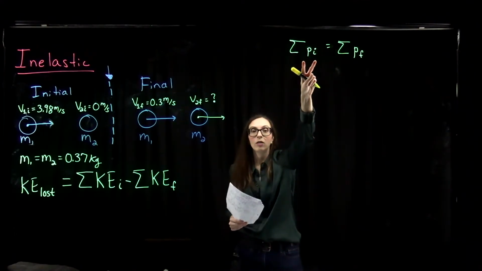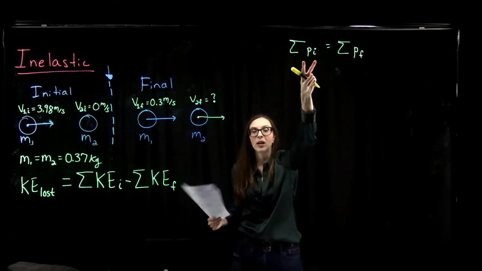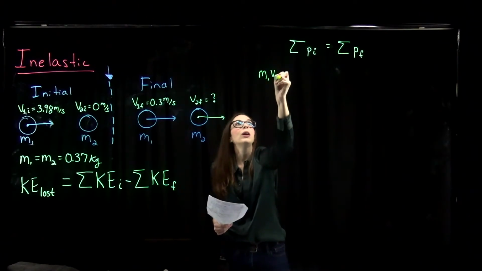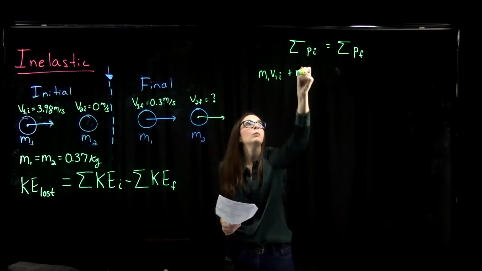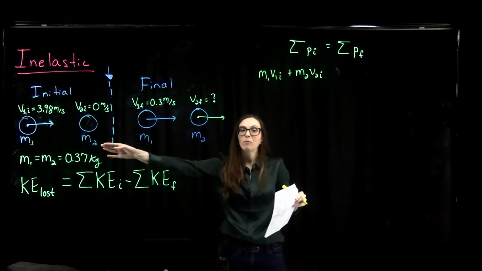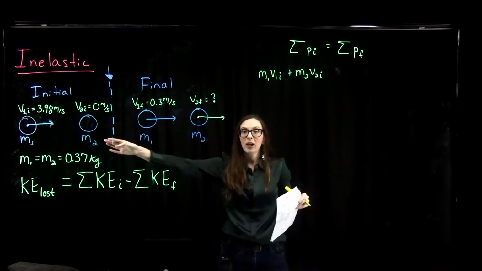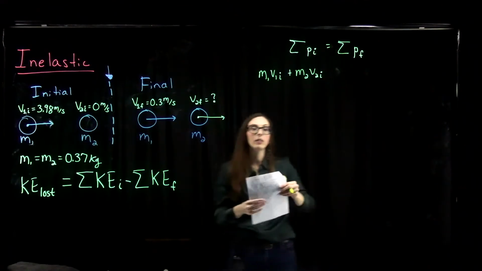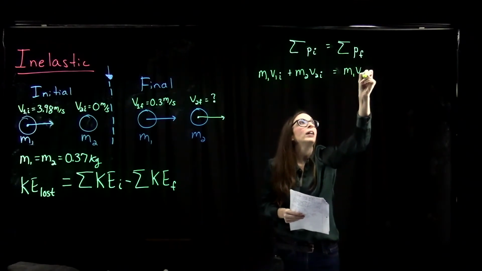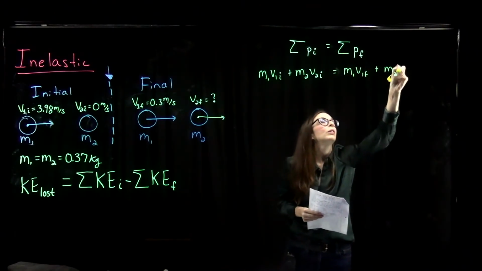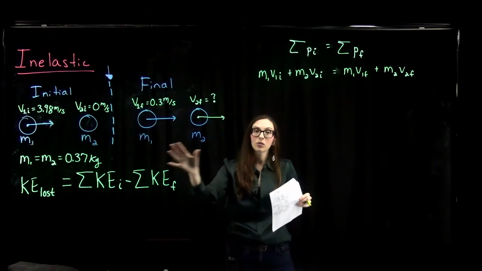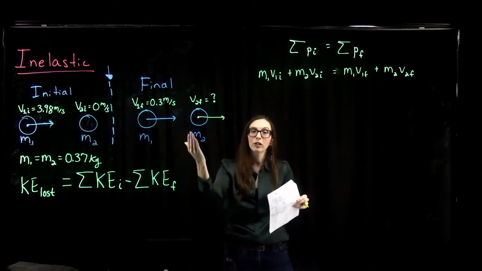So the sum of the initial momentums of my system is going to be M1 V1 initial plus M2 V2 initial. That's the momentum of mass 1 plus the momentum of mass 2 before the collision. And that has to equal M1 V1 final plus M2 V2 final. So that's the sum of the momentums for both of my objects after the collision.